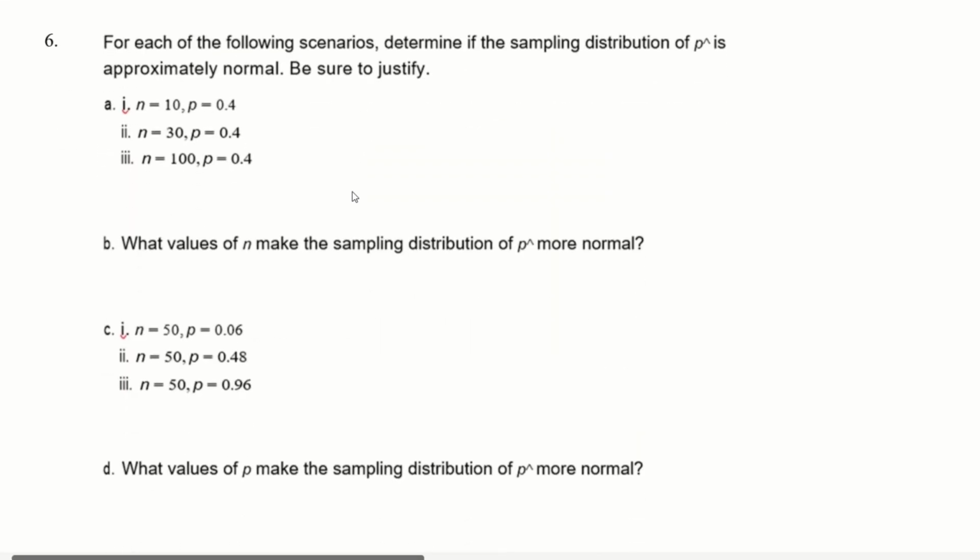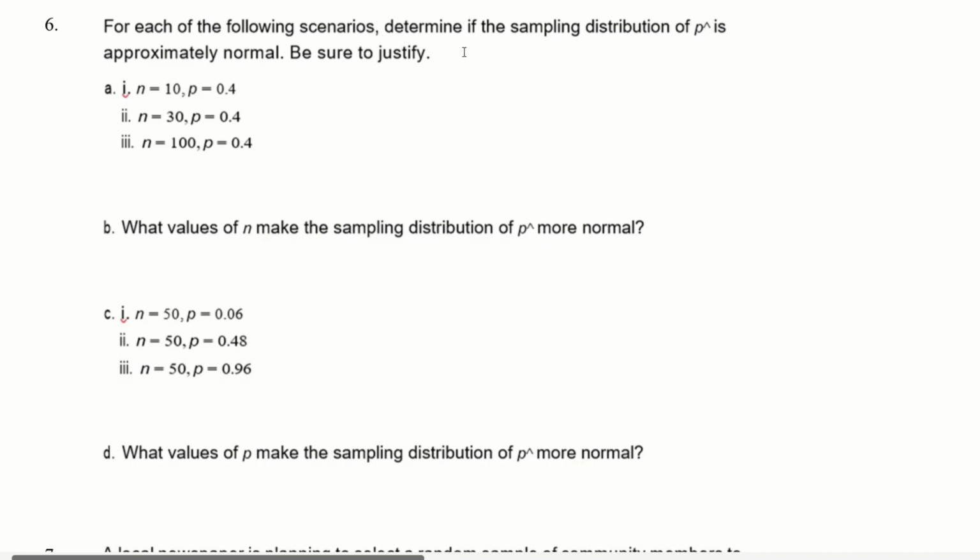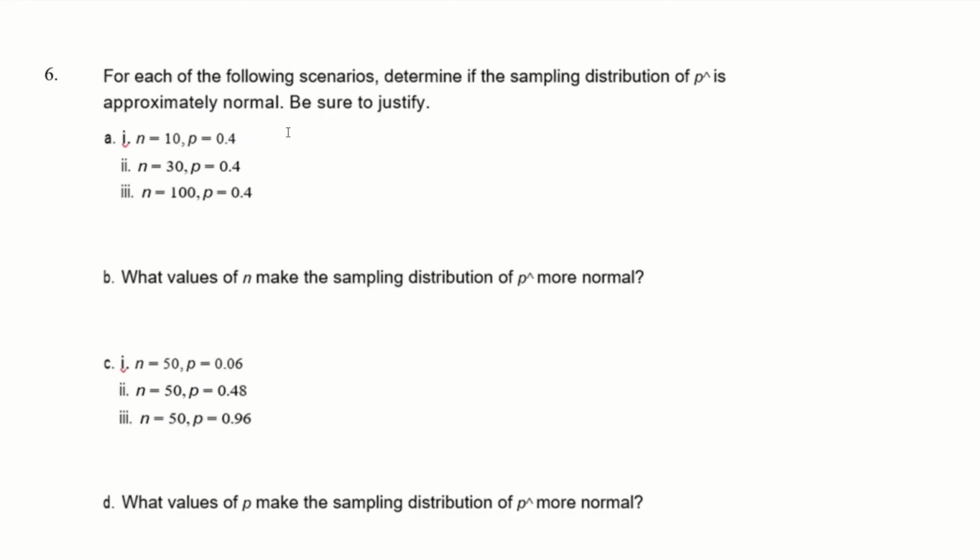Number 6, for each of the following scenarios, determine if the sampling distribution of p-hat is approximately normal. Be sure to justify. All we have to do is verify the large counts condition.